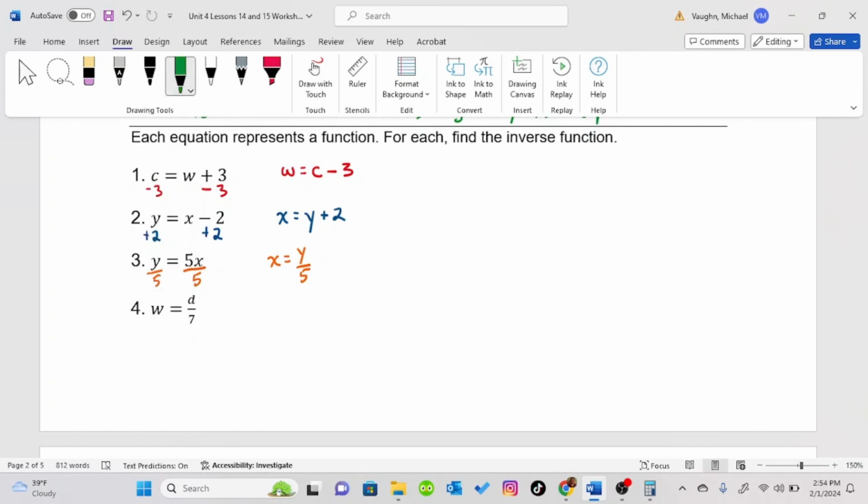And for number 4, instead of an equation that solves for w, I want an equation that solves for d. So I'm going to multiply both sides by 7.